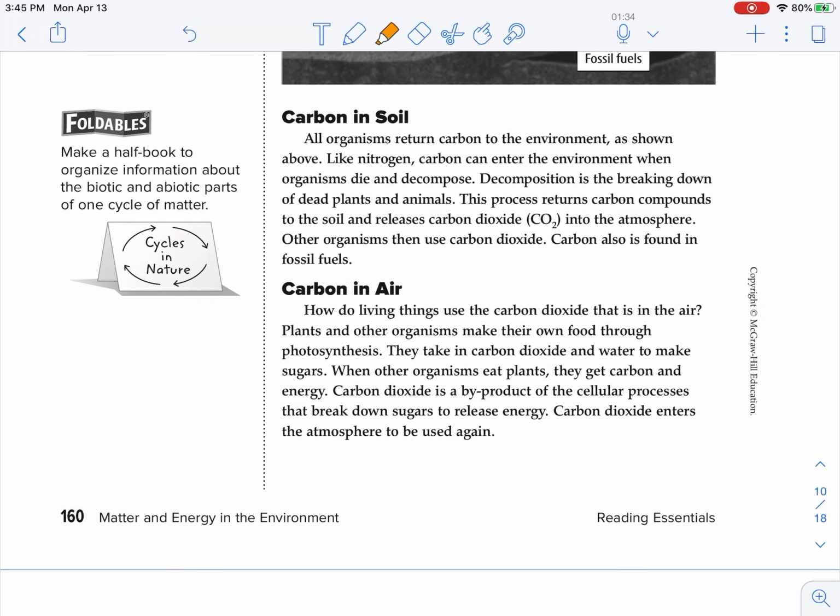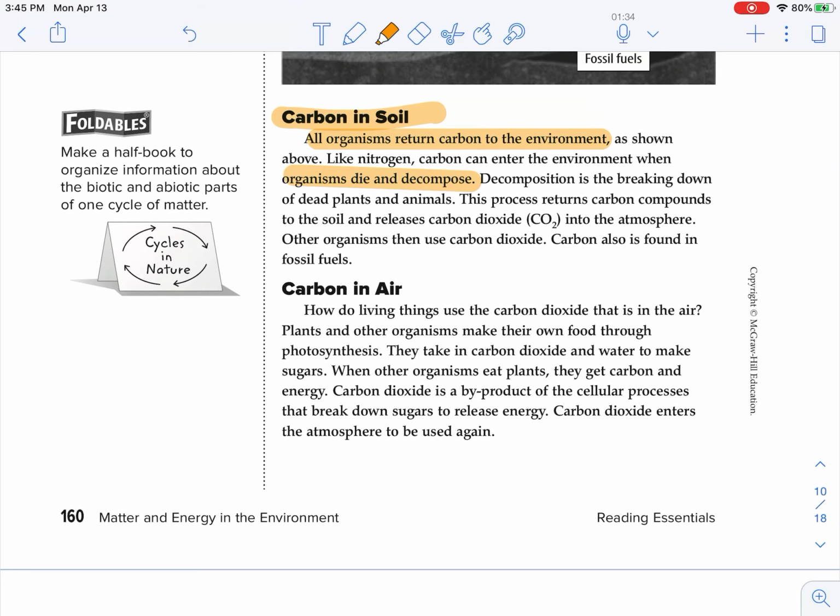All right, so we've got carbon in the soil. All organisms return carbon to the atmosphere as shown above. Like nitrogen, carbon can enter the environment when organisms die and decompose.